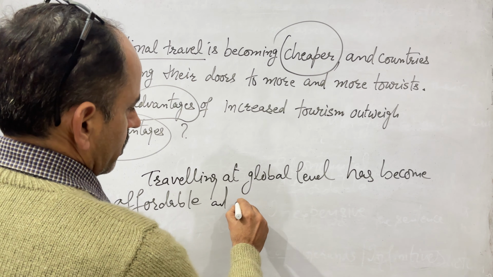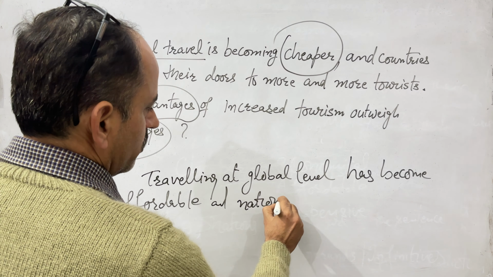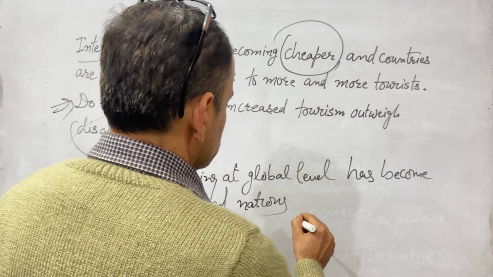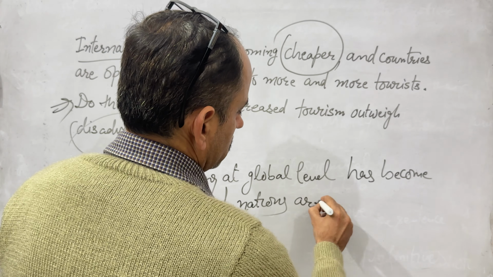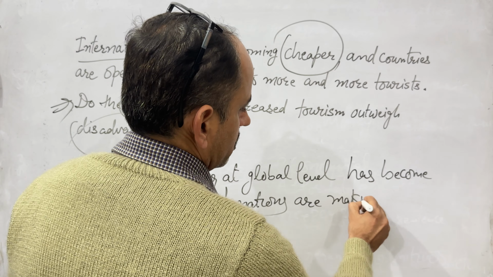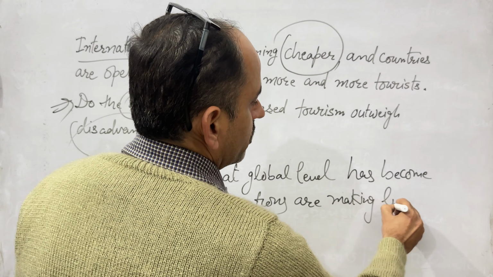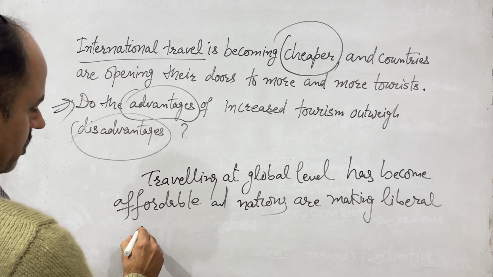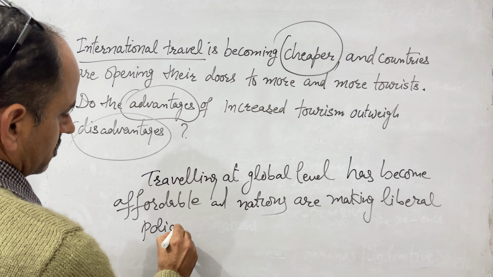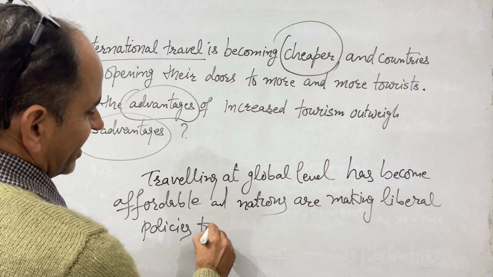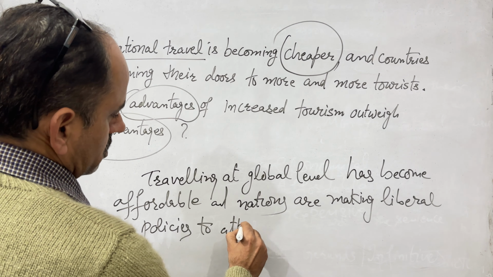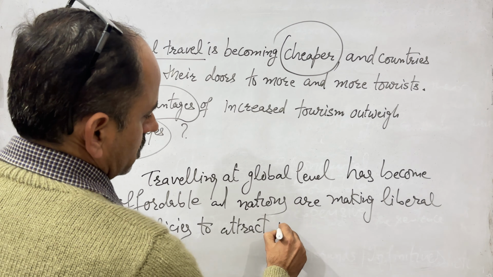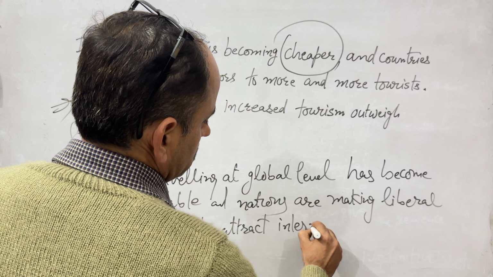And nations, this is simple way, nations are making liberal, means easy, liberal policies to attract international tourists.